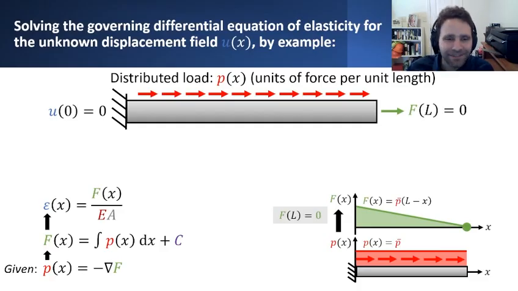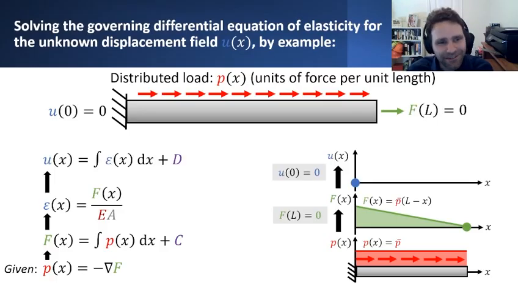And then finally, we can come up with an expression for the resulting displacement field, the thing that we wanted all along, given that we now know how the internal strain varies throughout this axial member.